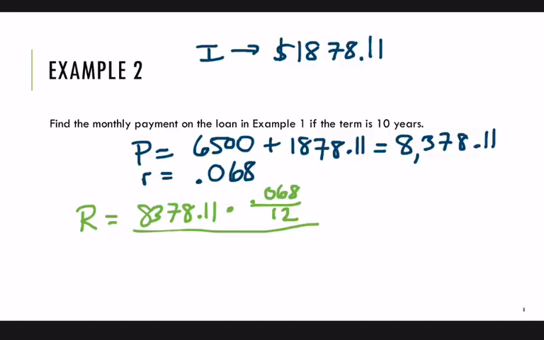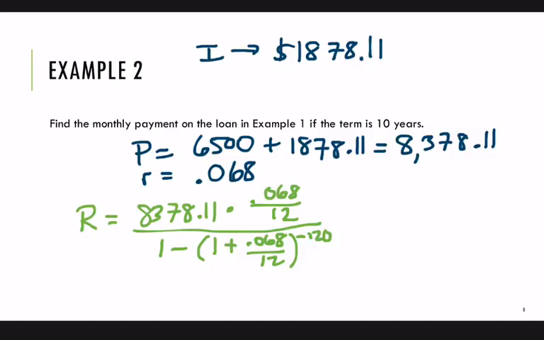And then all of that's divided by 1 minus, and then in parentheses the quantity 1 plus the rate over 12, so 0.068 over 12, and then the exponent on that parentheses is a negative 120.